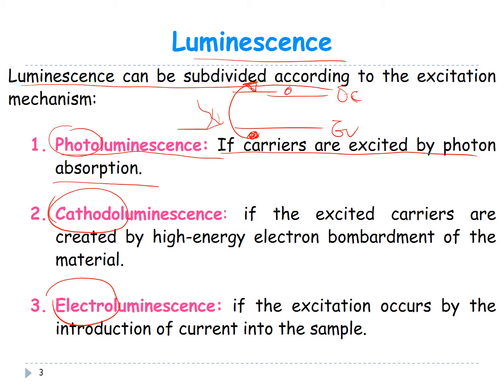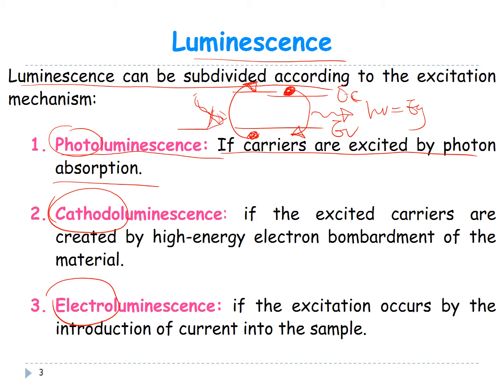When the electron now falls, the luminescence part is when the electron falls back, giving off light with energy equal to Eg. So this is the luminescence part, and this one is the excitation part. If the excitation is due to light, we call that photoluminescence.